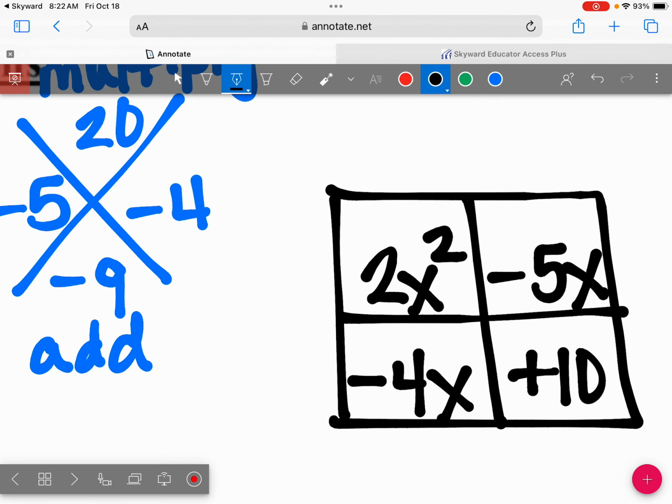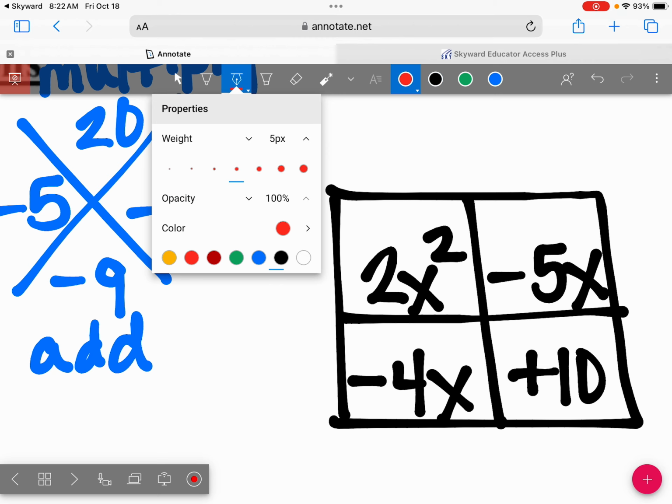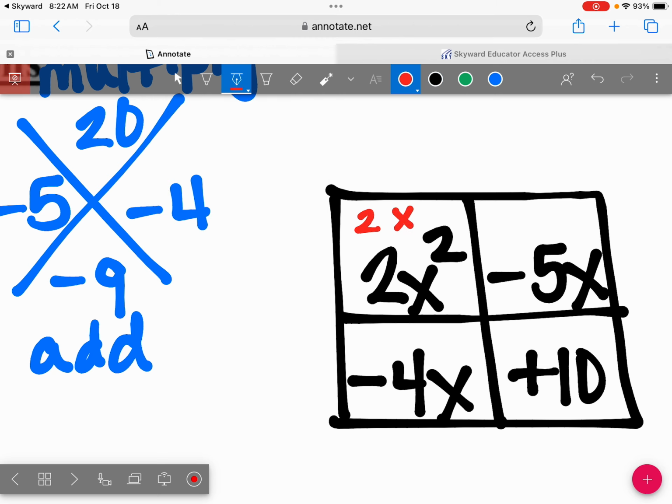So if you were to break down the inside of this box, which I don't know if it's helpful, but I'll do it. So you have a 2, x, x in this box, and in this box you have a 2, 2 and an x. In this box you have a 5 and an x. And in this box you have a 5 and a 2. So go ahead and take out your GCFs.